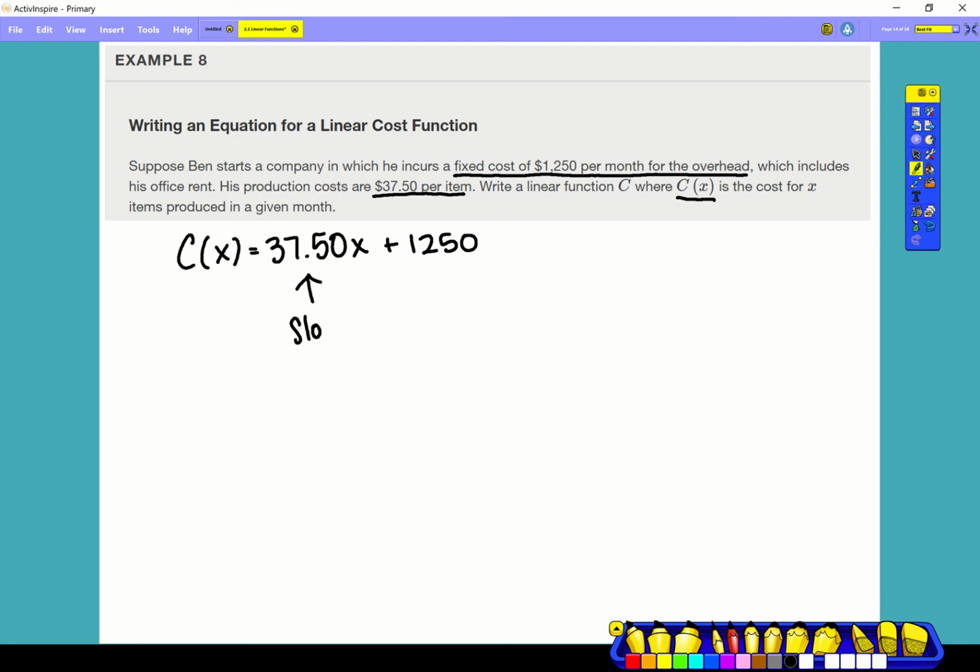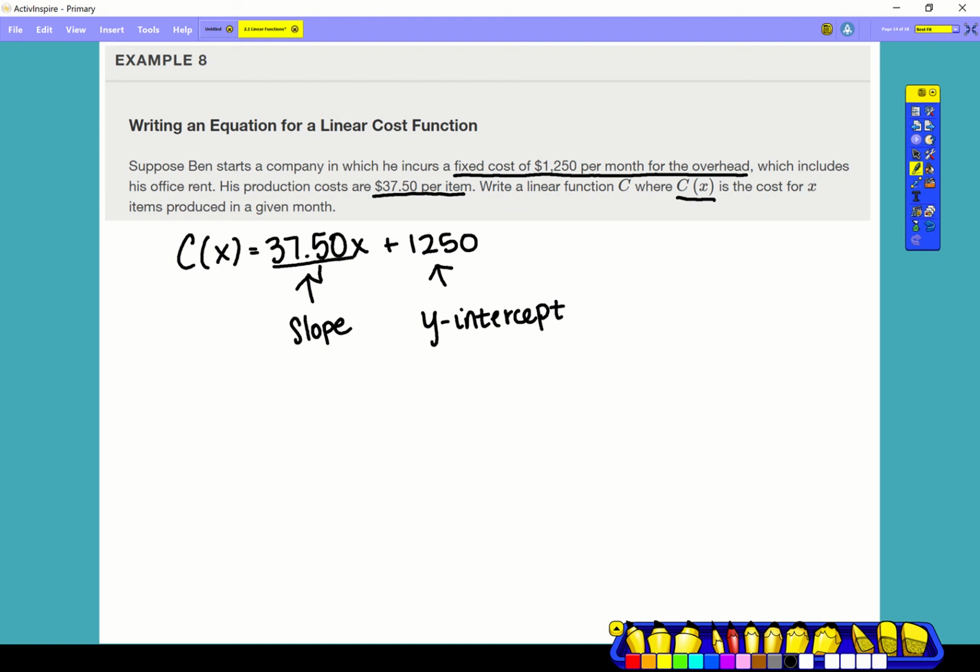That's your slope. And that is your y-intercept. One way you can think about this is for every one addition of an item, it costs $37.50 because your slope is 3/1.